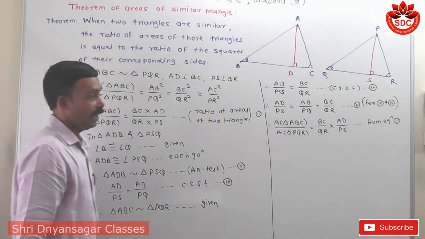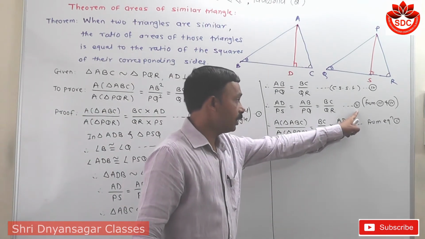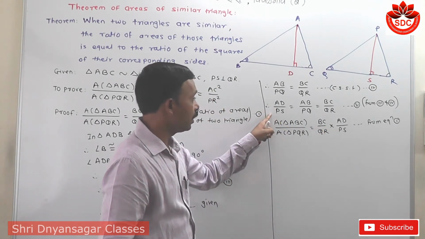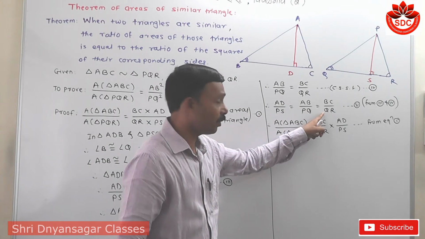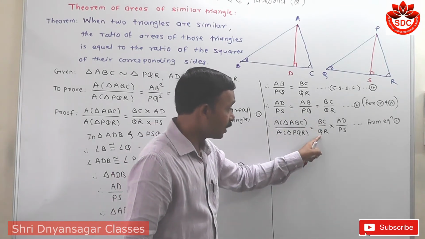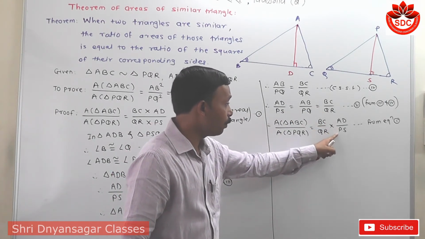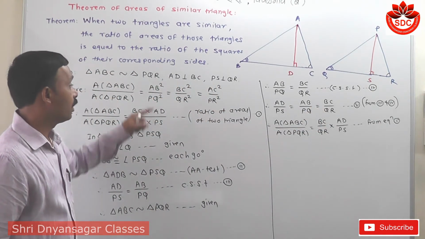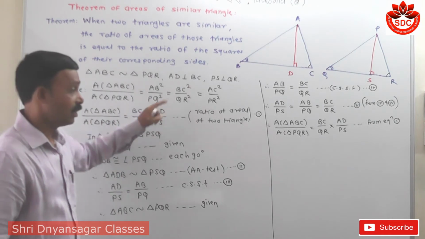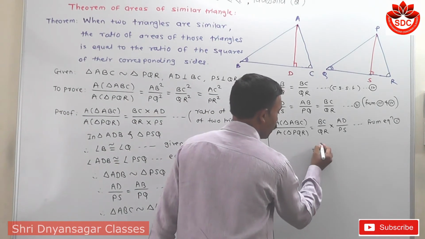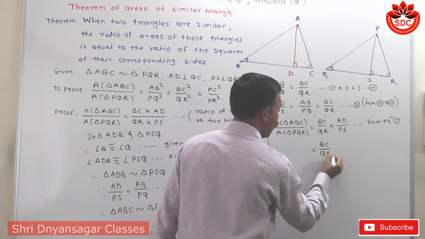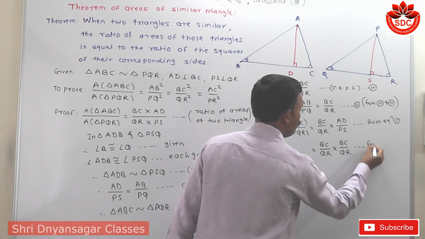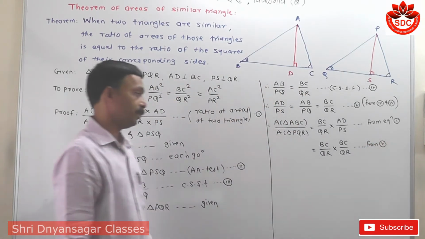Okay students, then from equation number 5 I have to substitute the value of AD upon PS. Is it AB upon PQ or BC upon QR? But for this example I have to substitute the value of AD upon PS as BC upon QR, because we want to prove the square of the corresponding sides. So I substitute BC upon QR into BC upon QR. The reason is from equation number 5.